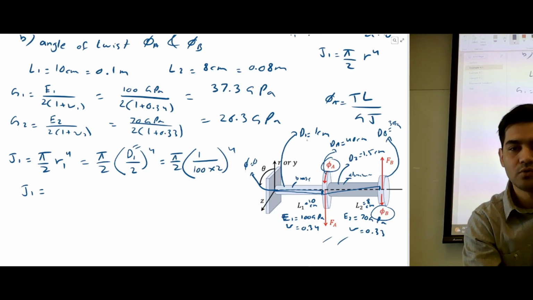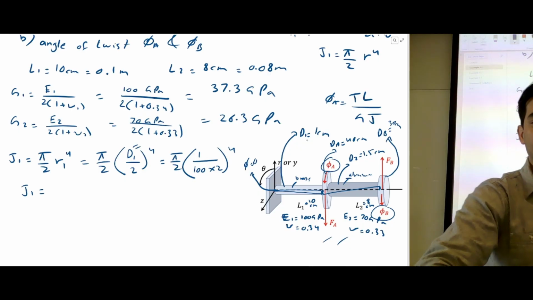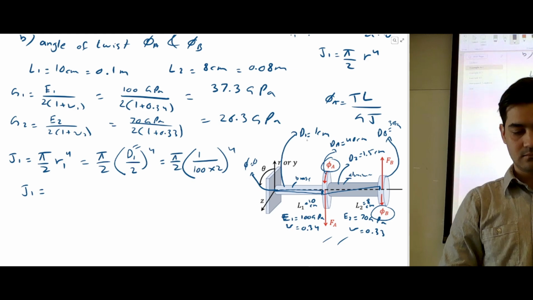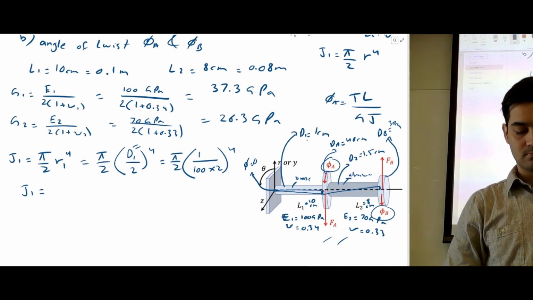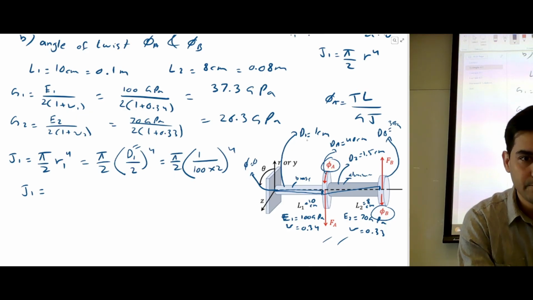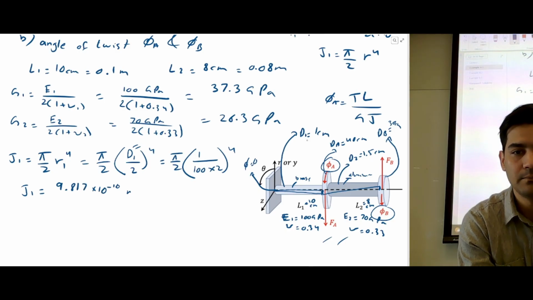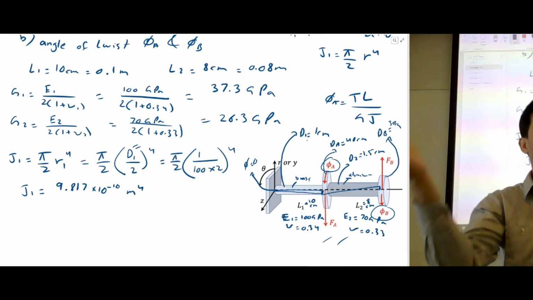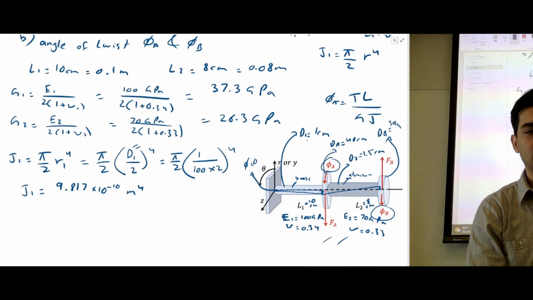So J1 would be equal to 9.817 into 10 raised to the power minus 10 meter 4, because it's radius power 4, so you get meter power 4.